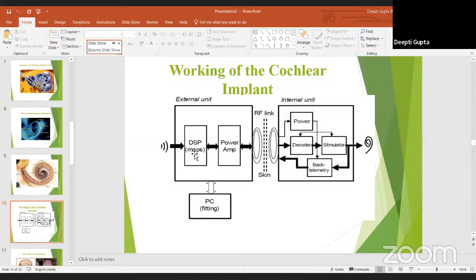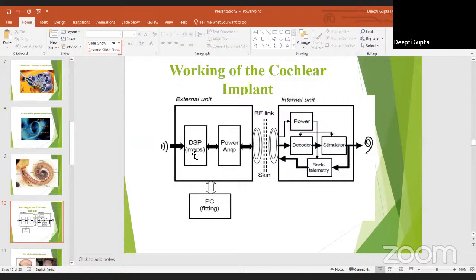Suppose two persons are speaking simultaneously, me and another person, up to that level it is okay for a cochlear implant user. But if there are more than two persons, like in a meeting, in a cafeteria, or at a function, then it is really difficult to understand which sound is meaningful for that person and which is not.